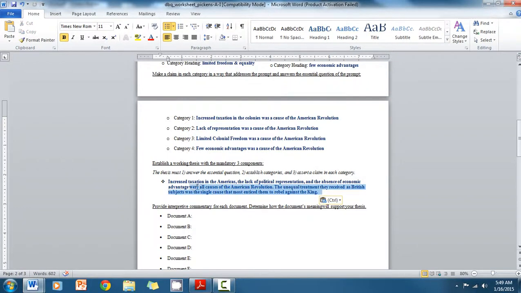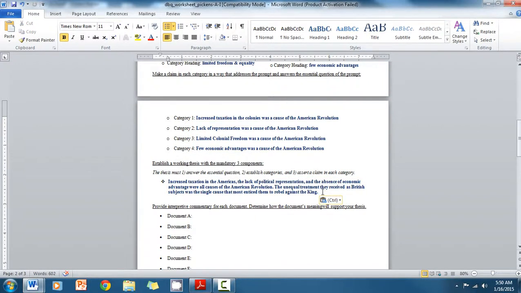One thing that I want to point out here, notice how the thesis statement does not reference specific events. It doesn't reference specific people. Refrain from specificity in the thesis statement. It is not supposed to be narrow. It's supposed to be broad. It's supposed to in some way reference thematically whatever it is that you're analyzing of history.